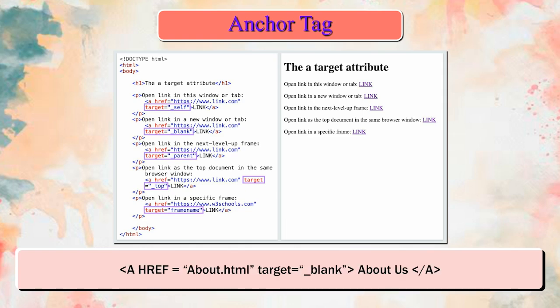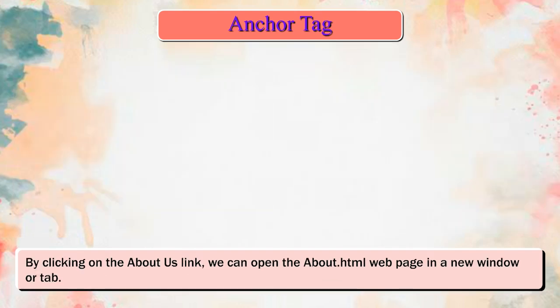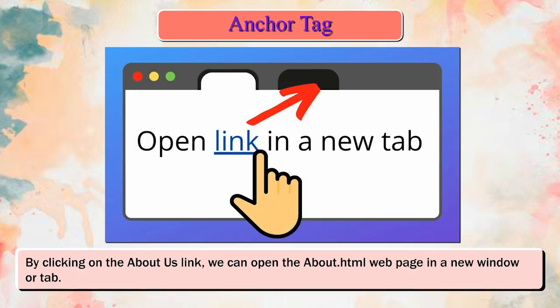For example, a href is equal to about.html, target is equal to _blank, about us /a. The code given above will create a link with the name About Us. By clicking on the About Us link, we can open the about.html web page in a new window or tab.